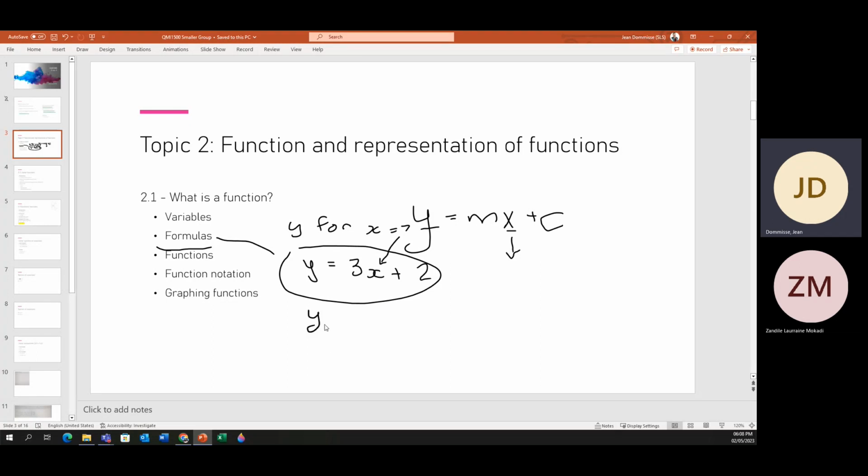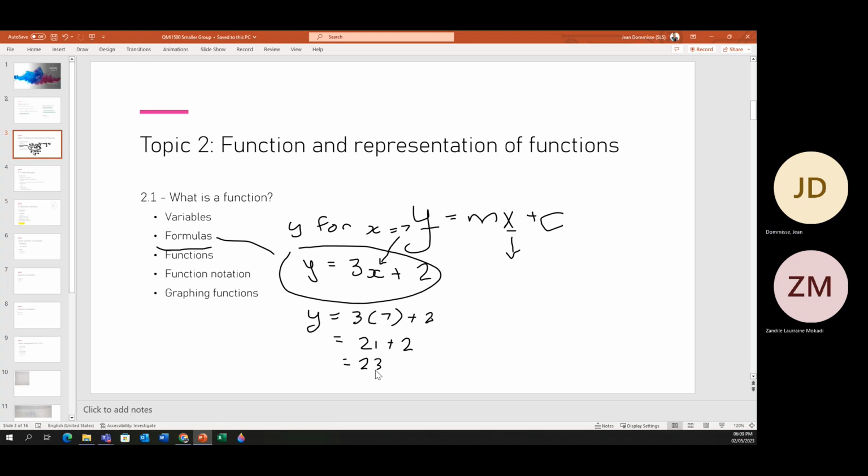So 3 times 7 is 21, plus the 2, which will give you 23.